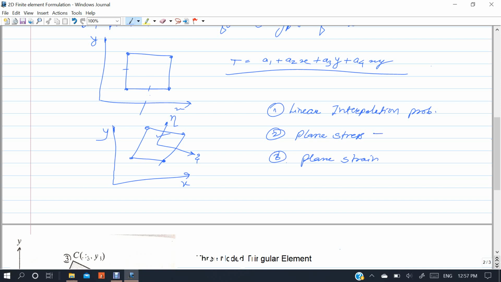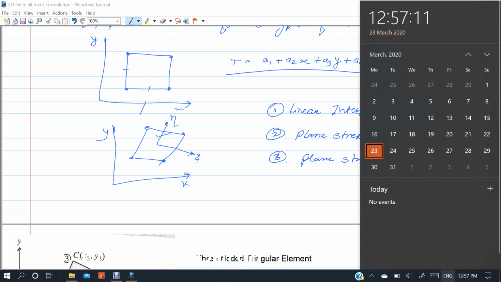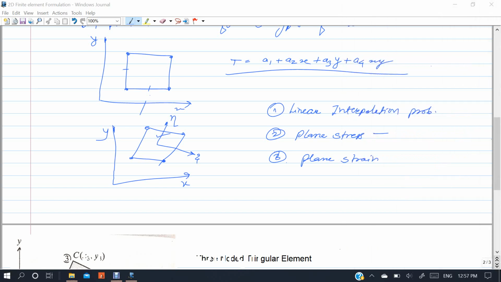In these the equation remains the same, and only the D value will change, which is related to the material properties.